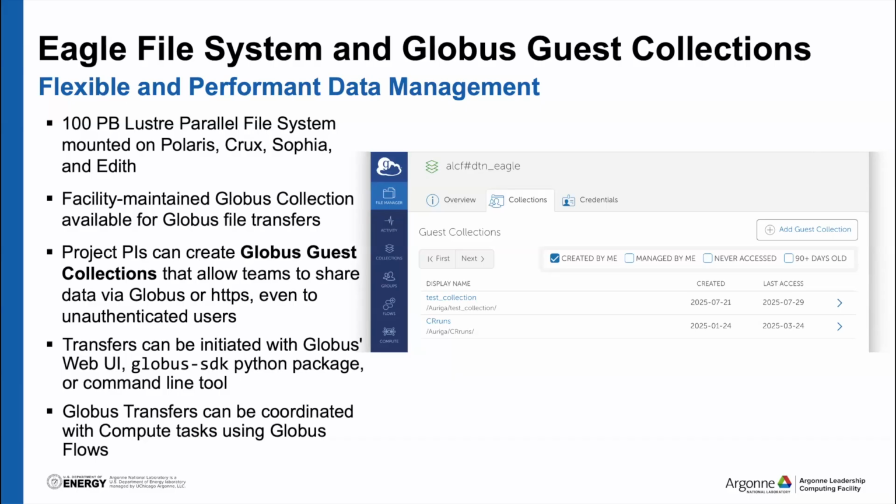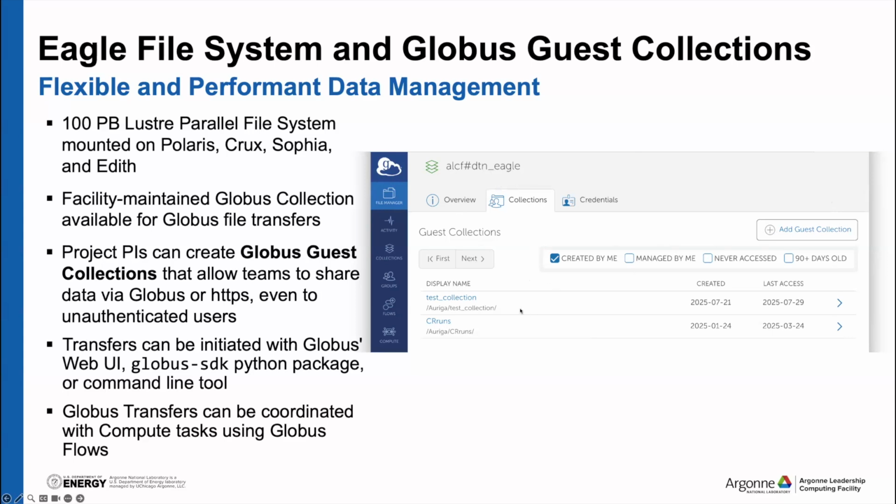On Eagle, we also allow users, PIs of projects, to create an additional type of collection that sits on top of the facility-maintained collection, called a Globus guest collection. So this is kind of like a sub-collection on the main collection that you, the user, control. I've shown here a little screenshot from the Globus web portal, where it shows that if you have access to the Eagle facility-maintained collection, you can create your own guest collections on top of that.